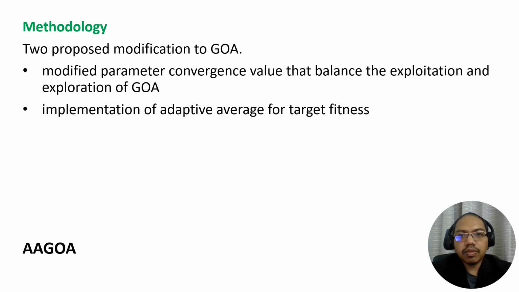The first one is that we're going to modify the parameter convergence value that controls the balance of the exploration of the original GOA. And also we are going to implement a method called adaptive average for target fitness. So we are going to go deeper in our next slides. So this is just an overview.